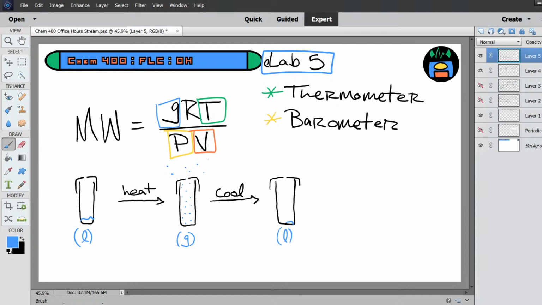And the reason is this: you measure the mass of this liquid, because all of that liquid used to be the gas filling the container. So this mass is equal to the mass of the gas.